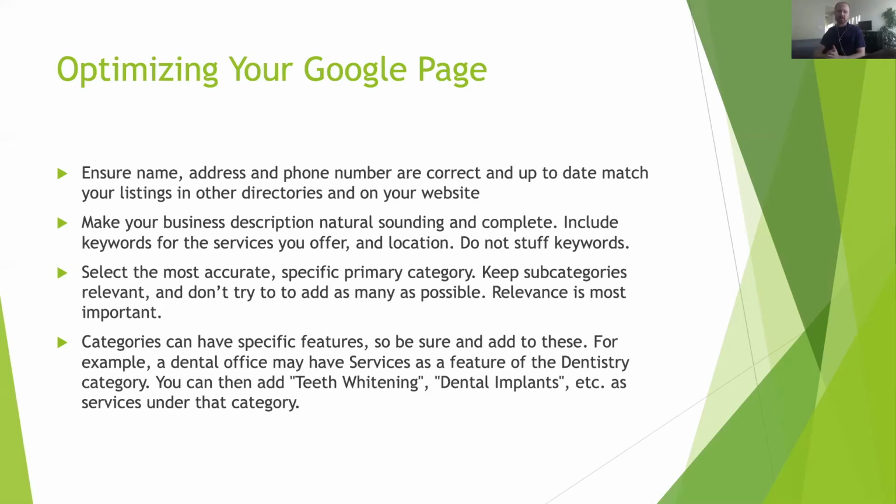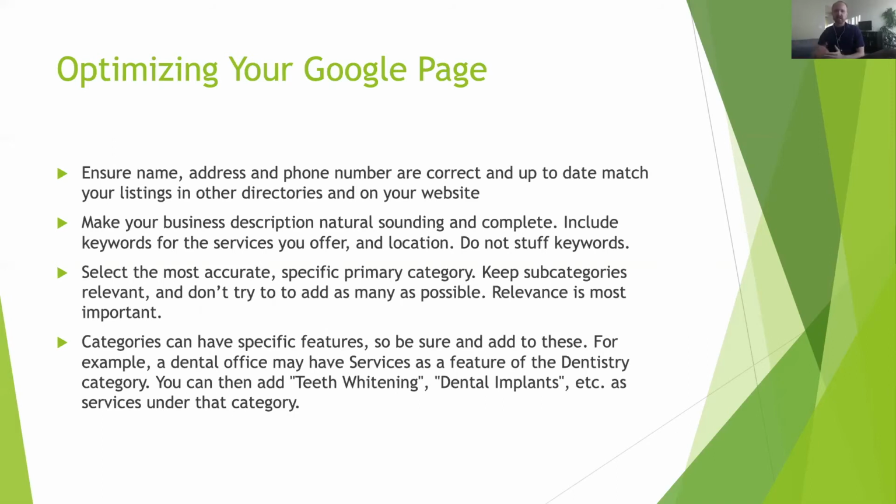In other words, what's going to matter more is the relevance of the categories and subcategories. So although Google gives you a number of subcategories you can add, you don't necessarily feel like you have to fill all of those in. So relevance is most important on that.